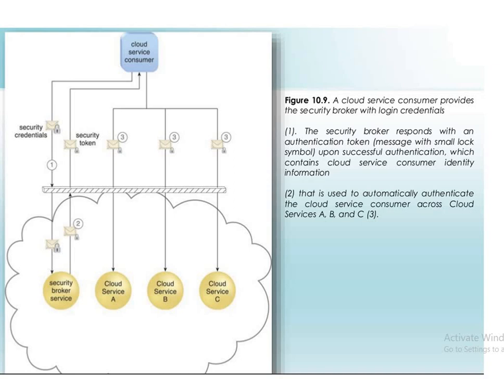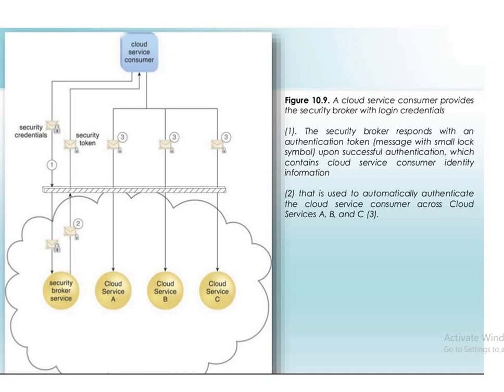This token is used to automatically authenticate the cloud service consumer across cloud service A, cloud service B, and cloud service C. Otherwise, the consumer would have to authenticate separately with cloud service A, re-authenticate itself with cloud service B, and again for cloud service C, and do so for all subsequent requests.